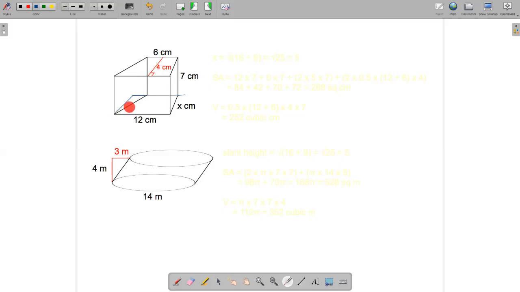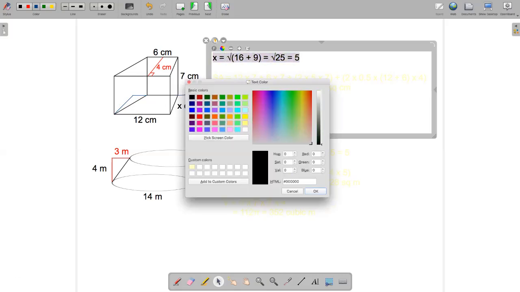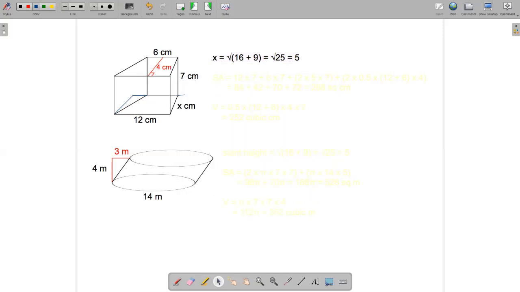And so this hypotenuse, which I'm calling x, the square of the hypotenuse, so x squared, is equal to 4 squared plus 3 squared. So x is equal to the square root of 4 squared plus 3 squared, which is the square root of 25, or 5. Okay, so that's what x is.